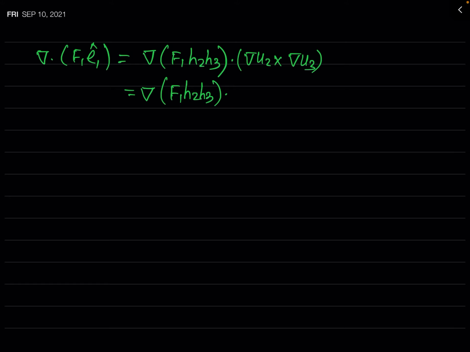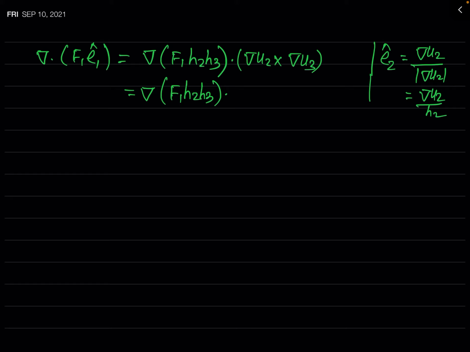as you know, in orthogonal curvilinear coordinate system, the unit vector e2 hat is defined as del u2 over modulus of del u2. And this mod of del u2 is denoted by the symbol h2, which is a scale factor.